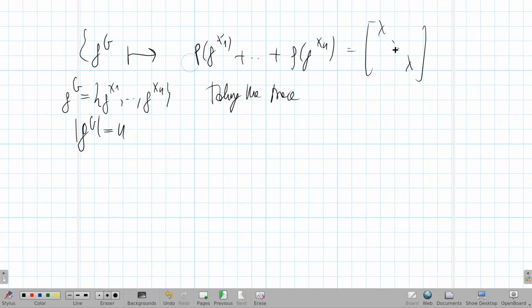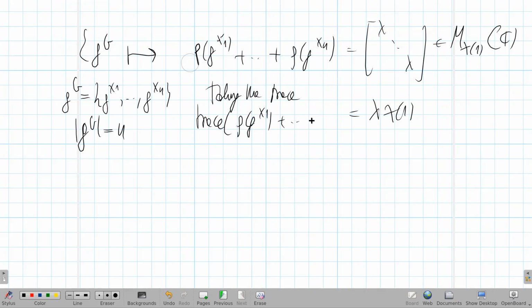Okay, so on the right, we will get lambda chi1, because remember this is in a matrix ring of dimension chi1. On the other side, you will have the trace of this. Of course, the trace is linear, and the trace of rho is the character.